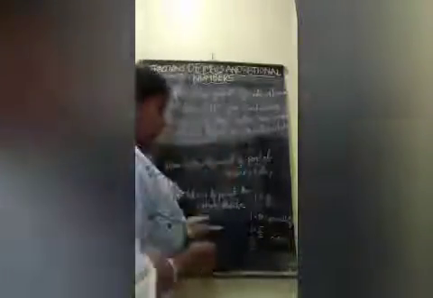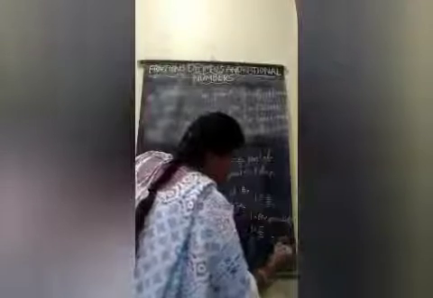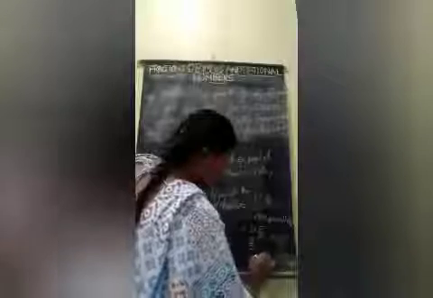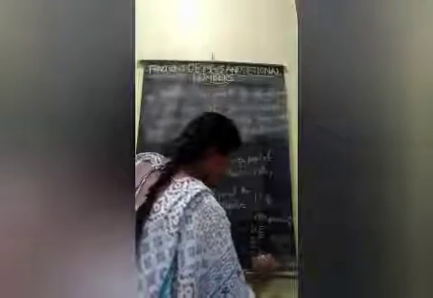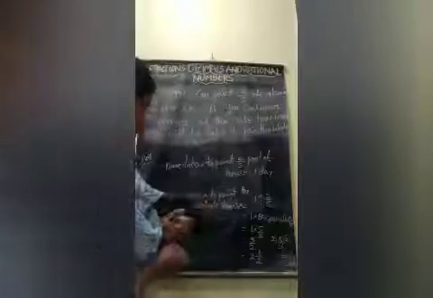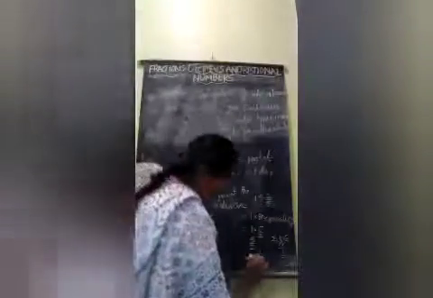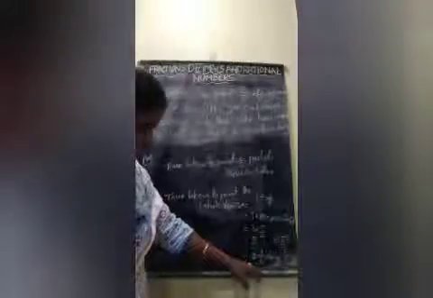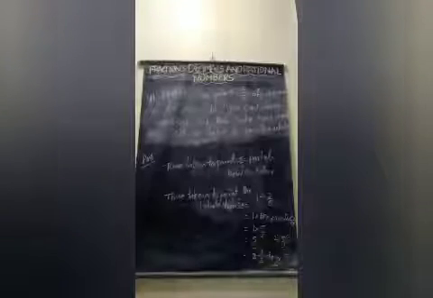This is converted into a mixed fraction: 2 twos are 4, remainder is 1, this is 2 and 1 by 2. That is equal to, the total house is completed in 2.5 days. To paint and complete the total house, how many days are taken? 2.5 days. Okay, write down.